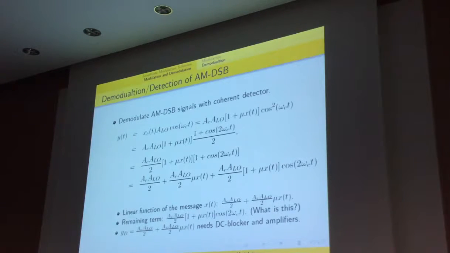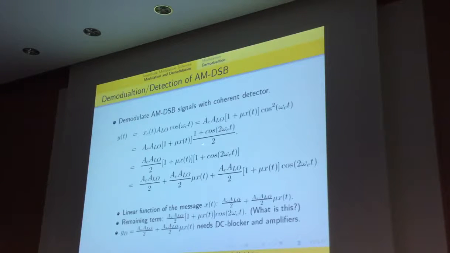Just look at cosine squared omega_c t, which equals 1 plus cosine 2 omega_c t, divided by 2, exactly the trigonometric identity with alpha replaced by omega_c t.